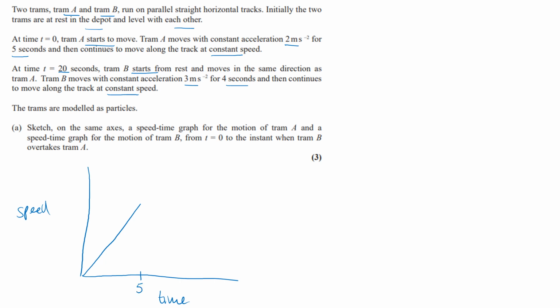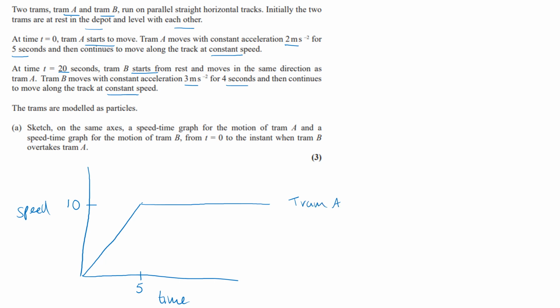So if the acceleration has to be 2, the gradient's got to be 2. Gradient is rise over run. So how high is that going to reach so that when we divide by 5 we get 2? It's going to have to be 10. 10 divided by 5 will give us a gradient of 2. Now tram A then moves at constant speed. So that is tram A.